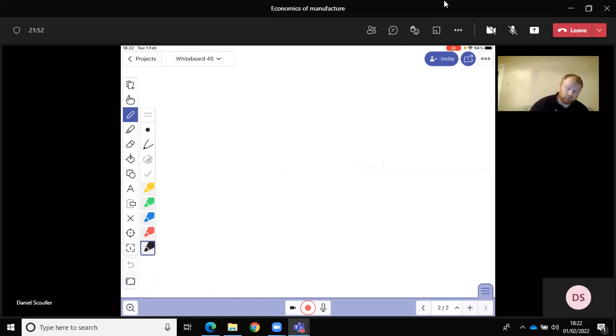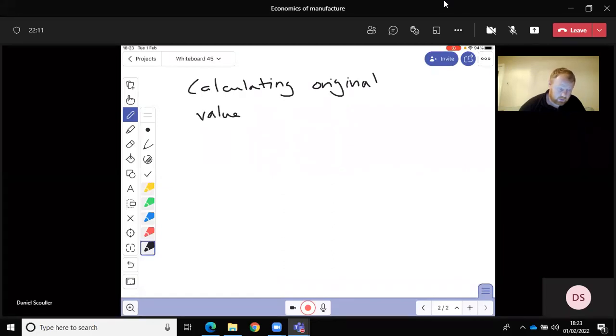The other thing that we did on Thursday that wasn't recorded was calculating the original value, also known as reversing the change.